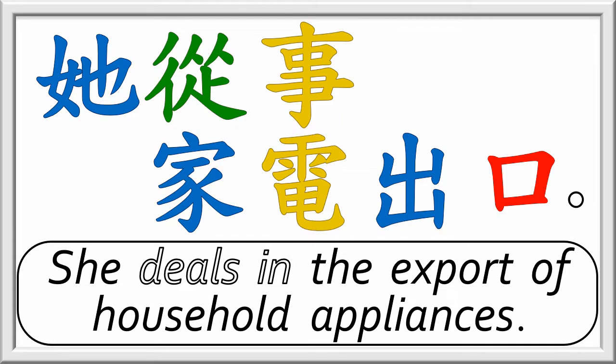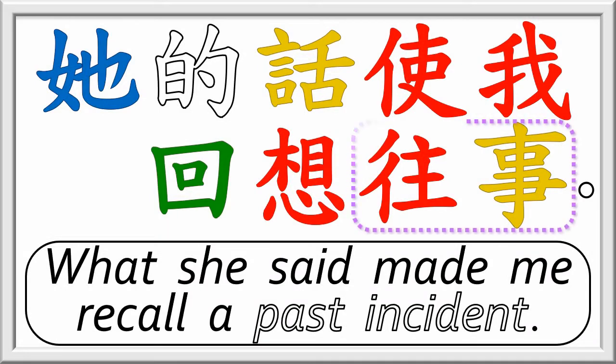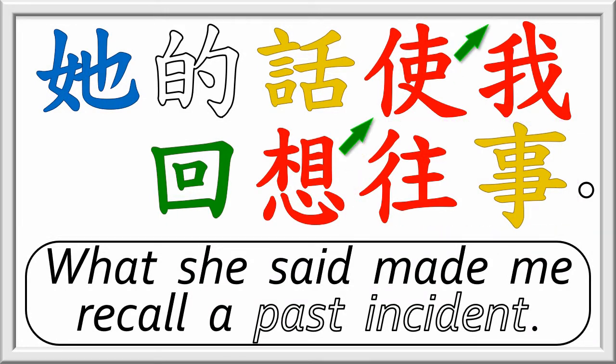She deals in the export of household electrical appliances. The meaning of 往事 is past events, or simply the past. 他的话使我回想往事. Her words made me recall an incident from the past.